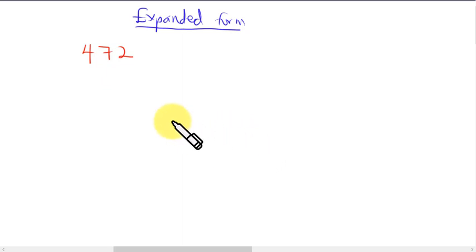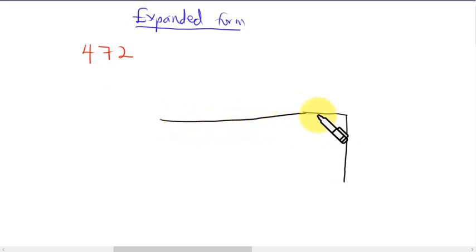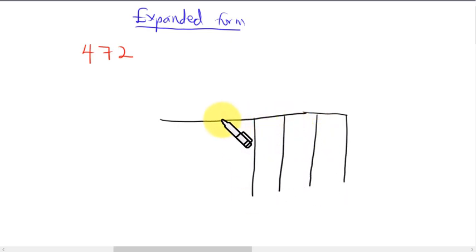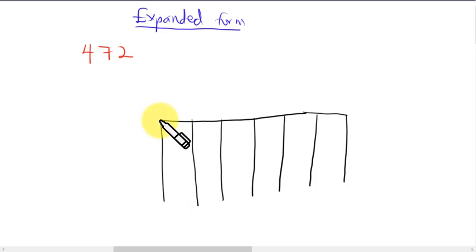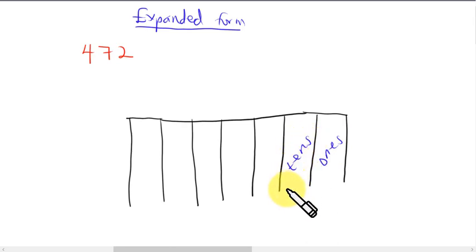In our previous lessons, we learned how to draw what we call the place value chart. And I want to show you what we mean by the place value chart. It's something like this. It helps us to determine the value of the digits in a number. So we begin from here. We say there is the ones column, the tens column, and the hundreds column.